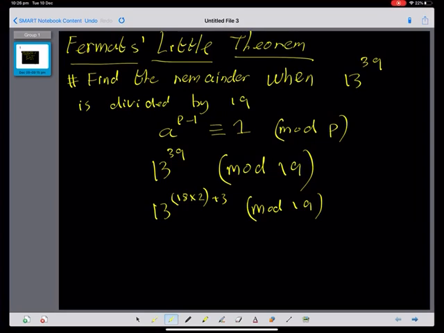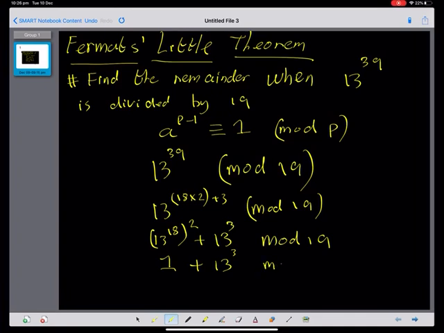Okay, so let's do some algebraic manipulation. Here, we're going to get 13 to the power of 18, all squared, and then we're going to have 13 to the 3. And we're still in mod 19. 13 to the power of 18 is 1 less than our modulus of 19. So by Fermat's little theorem, this goes to 1. And we're left with 13 cubed mod 19.